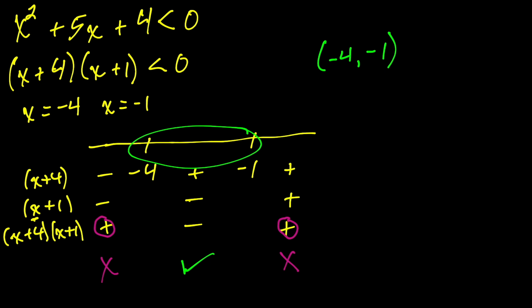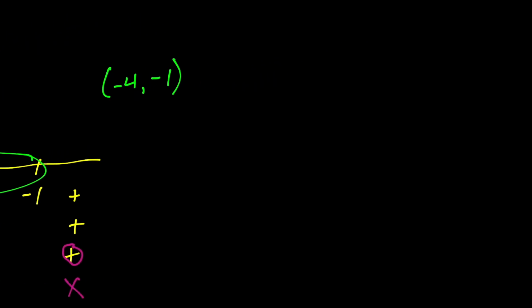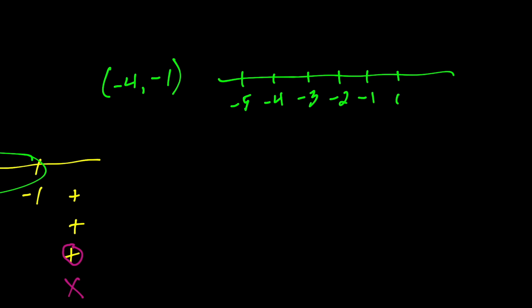The other thing you might be asked to do, depending on your textbook, is you might be required to draw the answer on a number line. So make sure you have a -4 on the number line, and I will count all the way up to -1.